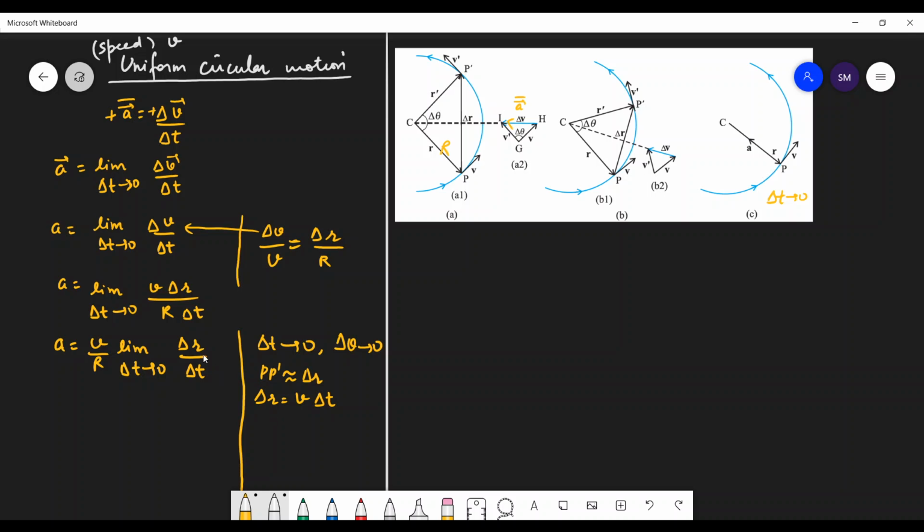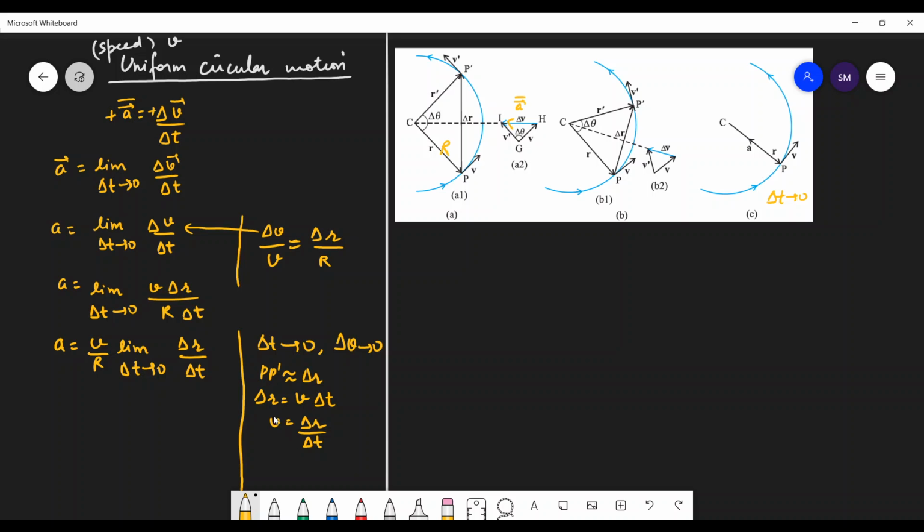What we can do is, we are interested in delta R by delta T. So let us find the value of delta R by delta T with limit delta T tends to 0. So first of all let us write delta R by delta T. So V equals delta R by delta T, and obviously this speed is average speed and instantaneous both, because speed is constant.